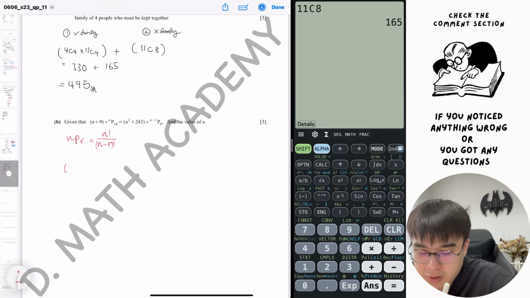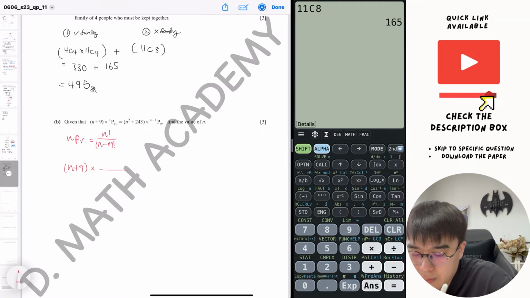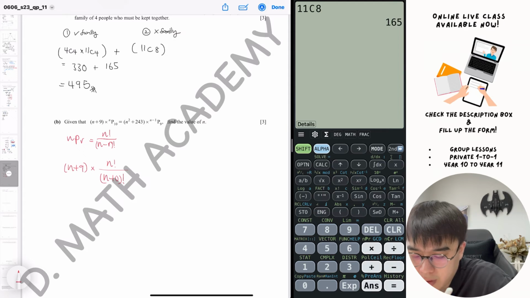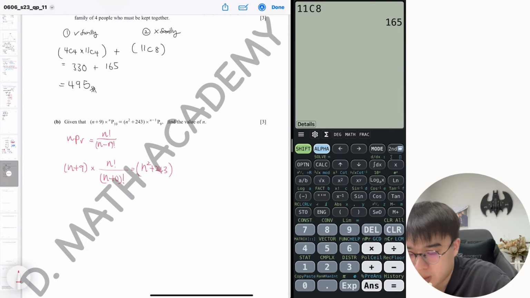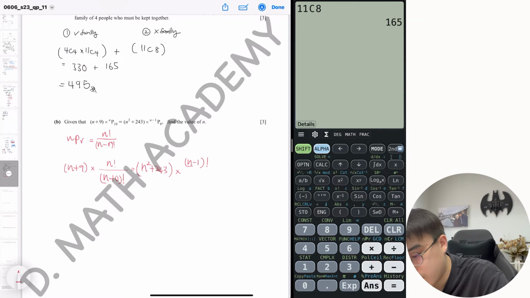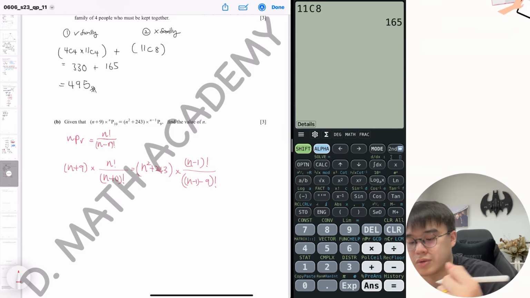So when you write it out, it will be n plus 9. Meanwhile, the things at the back here mean I am dealing with n factorial over n minus 10 factorial equals to n squared plus 243, and then you have n minus 1 factorial over n minus 1 minus 9 factorial.